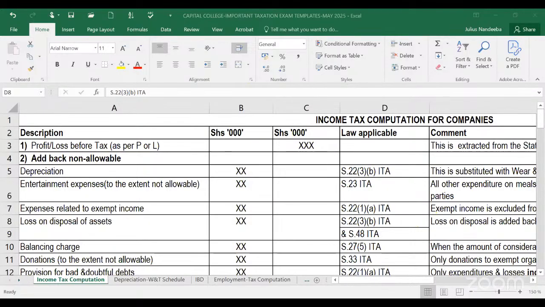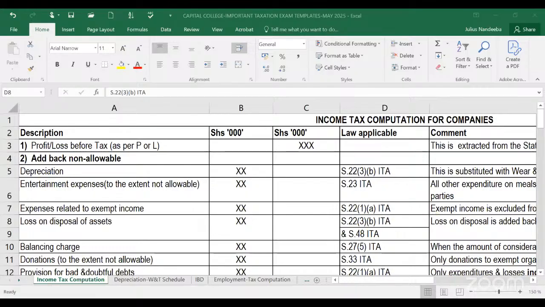The accountant has already allowed them, and you as a taxman are also comfortable that they should be allowable expenses. Those ones, you don't touch them. What you're looking for are expenses that the accountant has included in the statement of profit or loss, but are not supposed to be allowable expenses. And you go to the tax computation and add them back.